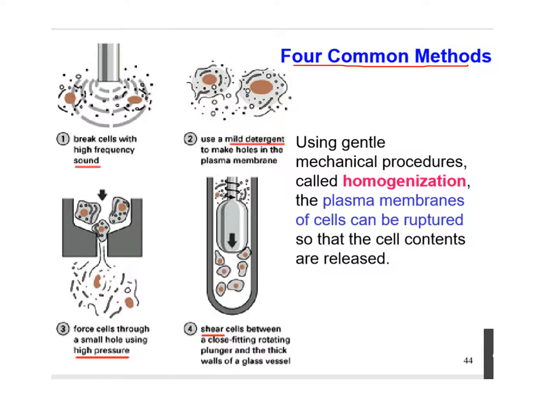Here's a mild detergent that opens up the cells. And here are Dounce homogenizers that spin or move up and down and pop the cells open in a glass vessel. It's pretty expensive.